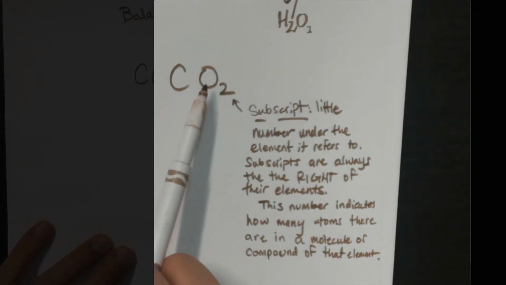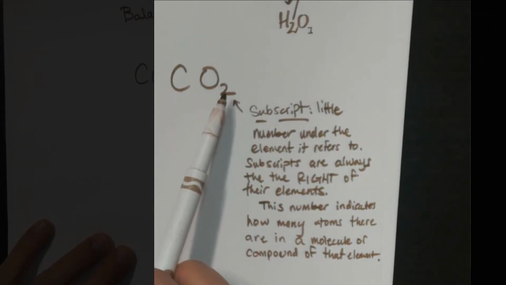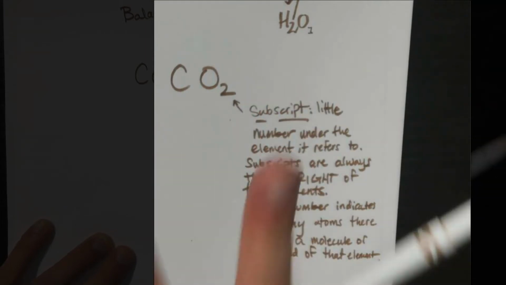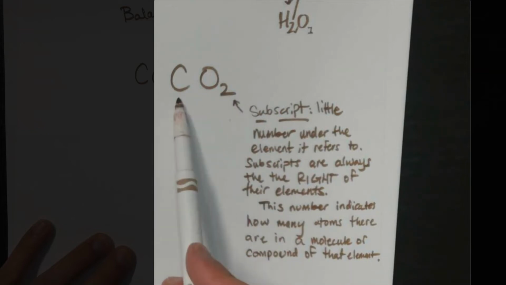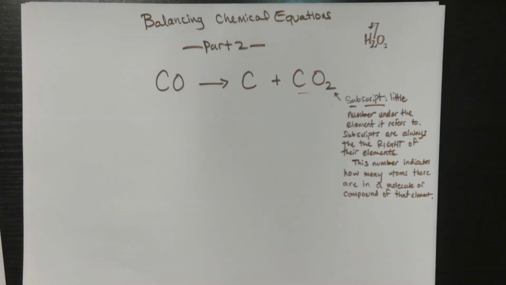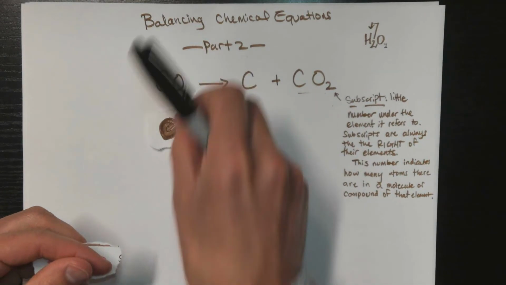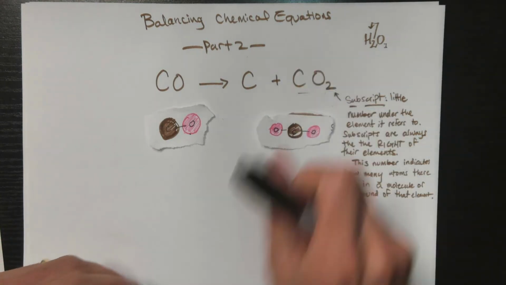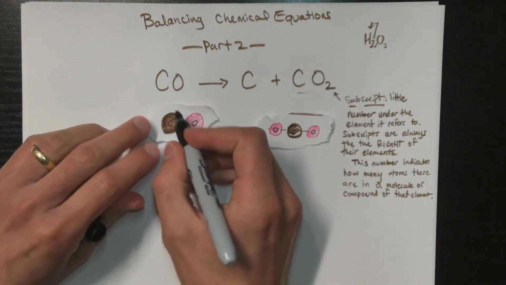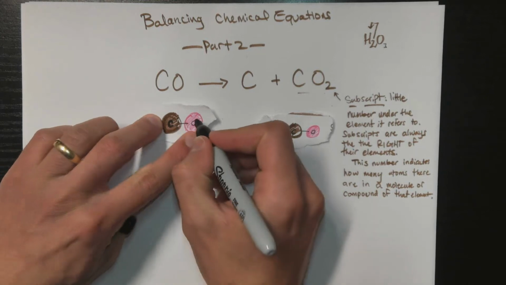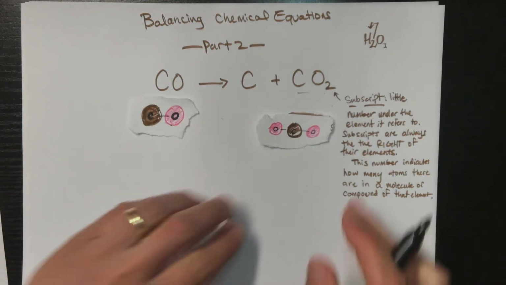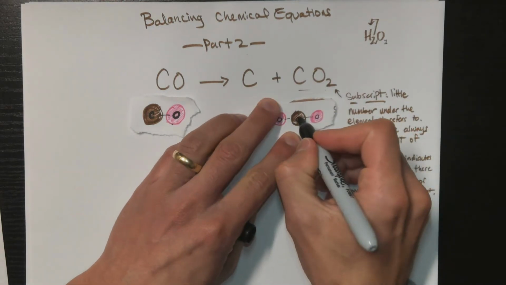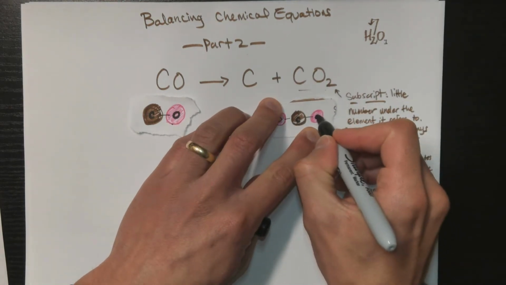Now this element, oxygen, has a 2 below it, so there are 2 atoms of oxygen in the molecule CO2. To show that to you, let me present a couple diagrams of these molecules. So this molecule is carbon monoxide, CO, and this molecule is carbon dioxide, CO2.